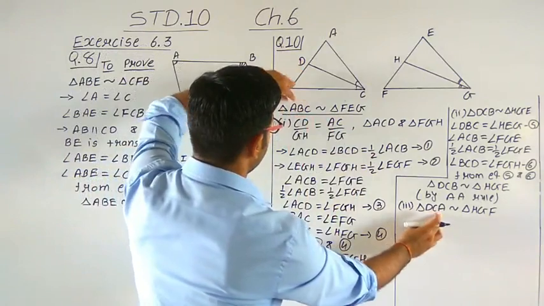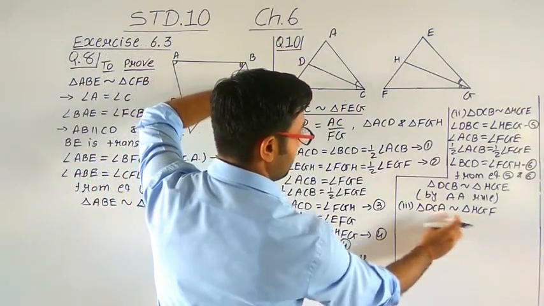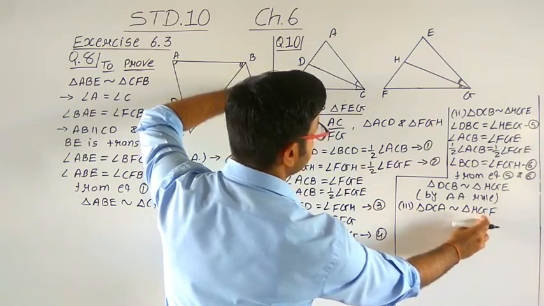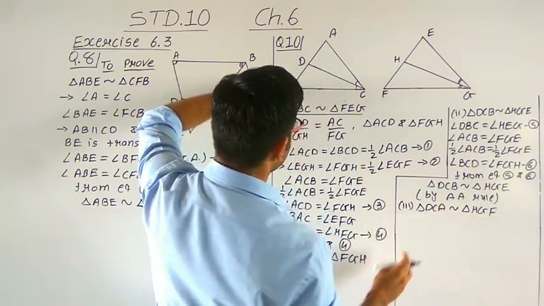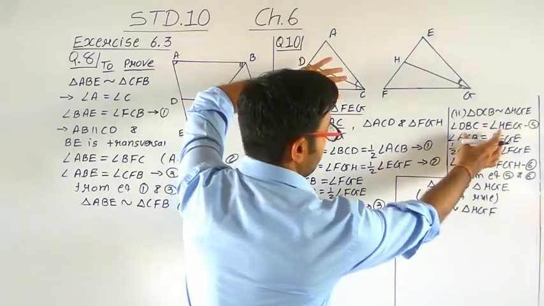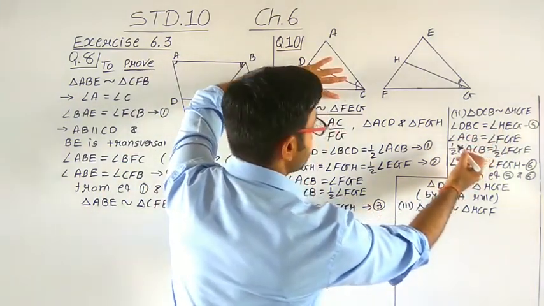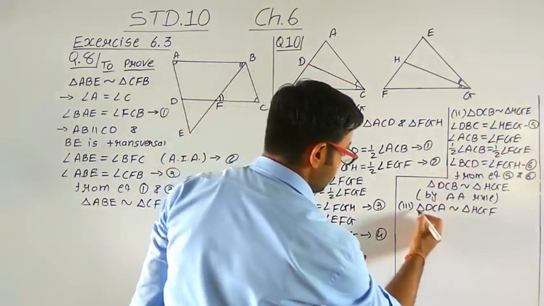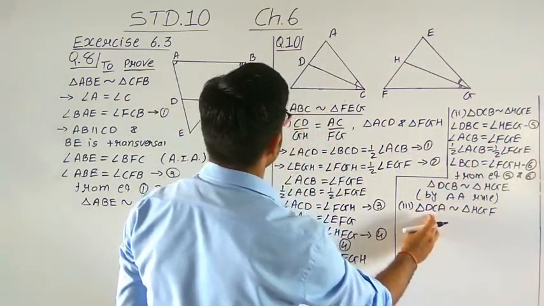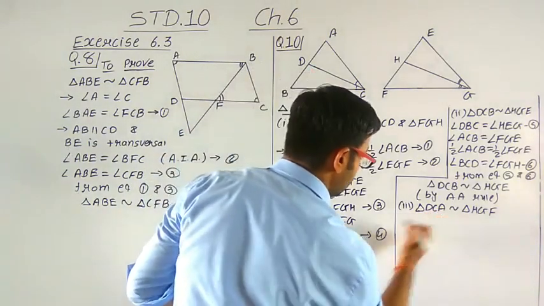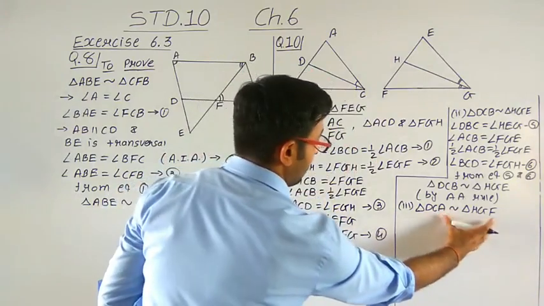See, angle A is that, and angle G is that. Sorry, angle E is that, F. Now A and F both are equal. So as we have written here that angle ACB and FGE are equal, in the same way here also we can write down that angle A and angle F are equal.